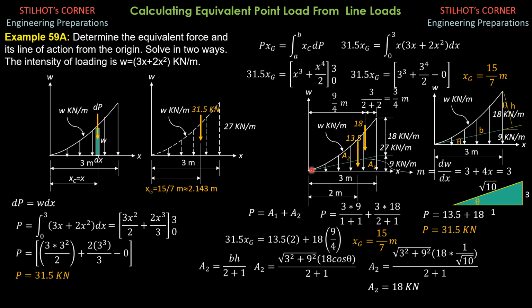So if I draw the tangent line to this point, because the derivative of w with respect to x is not 0 from this given information here. By the way, 27 kilonewton per meter is 3 times 3 plus 2 times 3 square.